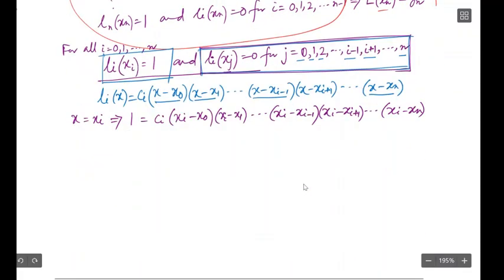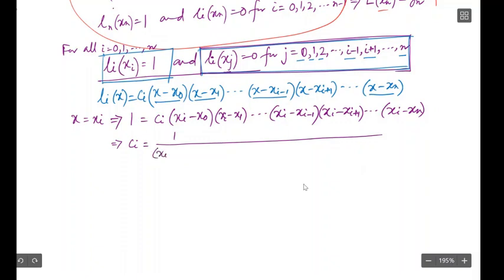That is, Ci equals to 1 by (xi minus x0)(xi minus x1)(xi minus xi minus 1)(xi minus xi plus 1)(xi minus xn).